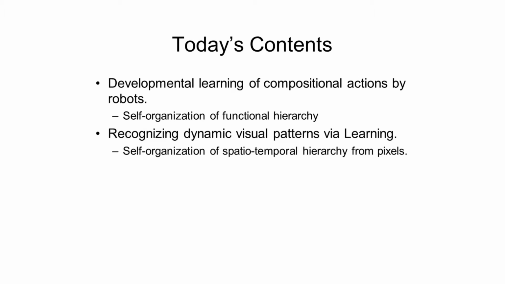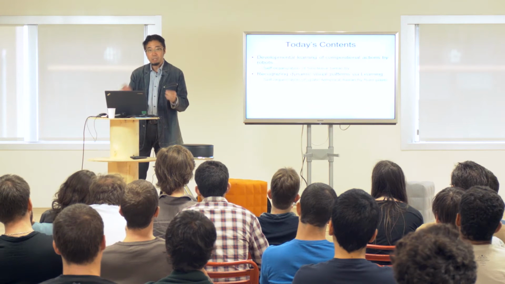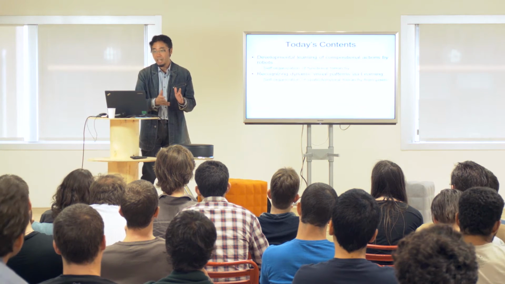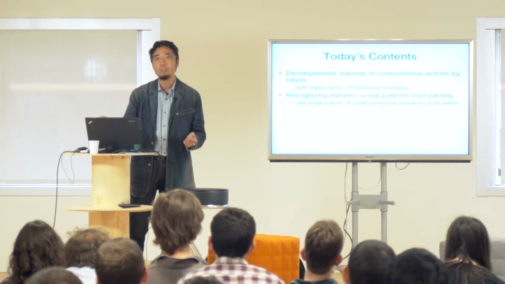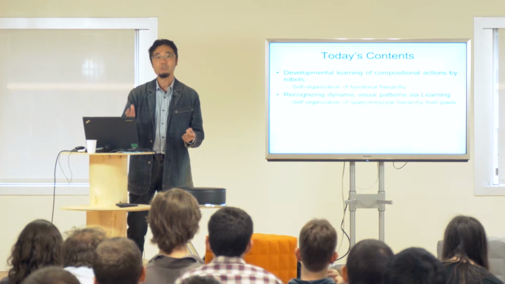The second is rather recent research results about recognizing dynamic visual image patterns through learning. Again we look at the functional hierarchy, but this time at the self-organization of spatial temporal hierarchy from the pixel level. This has been a long-time problem in machine learning vision, but probably this is our first proposal to deal with dynamic vision through self-organization.